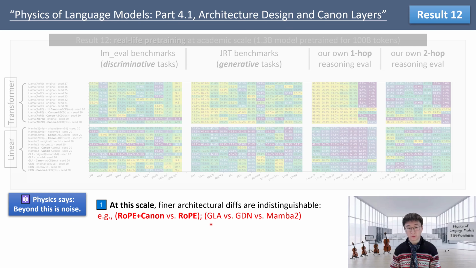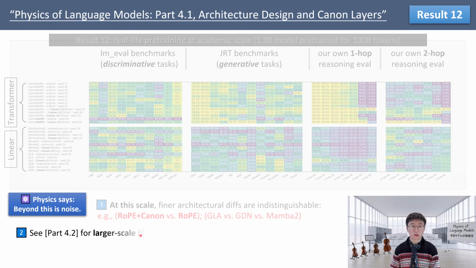And also you cannot see how much better GLA plus Canon is compared to GDN or Mamba2. Those I will show you in the next video, part 4.2. Over there, I'm going to perform much larger pre-training, an 8 billion size model pre-trained for 1 trillion tokens. And I'm not only going to confirm those results, I'm also going to show you some new lessons.